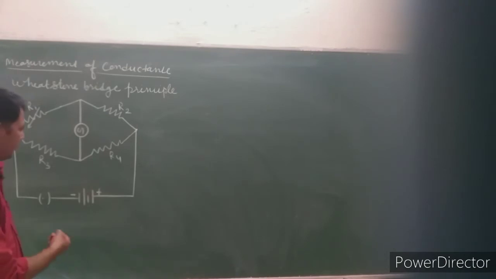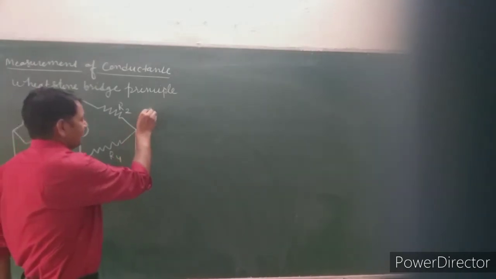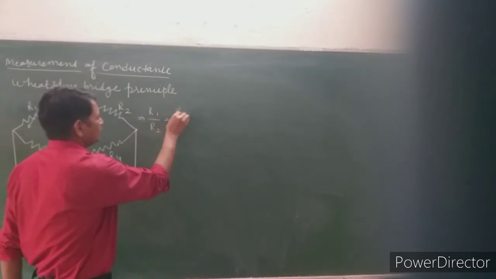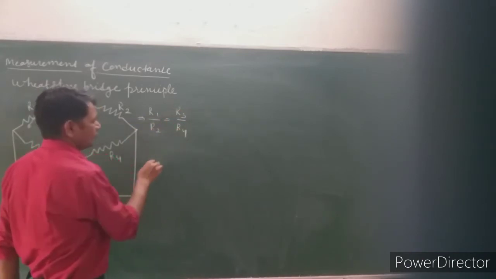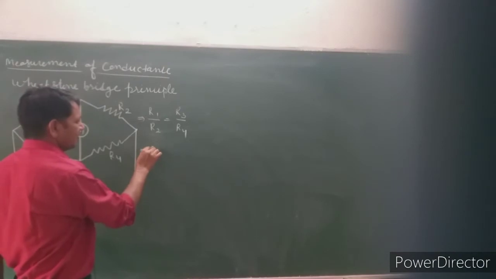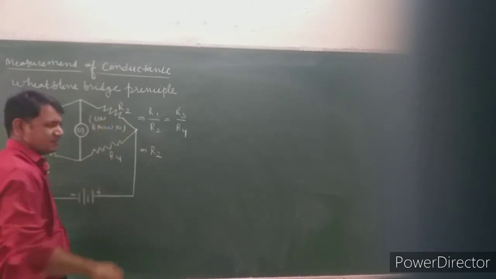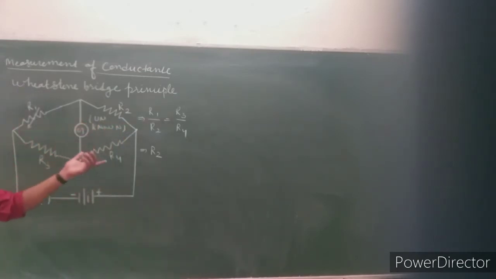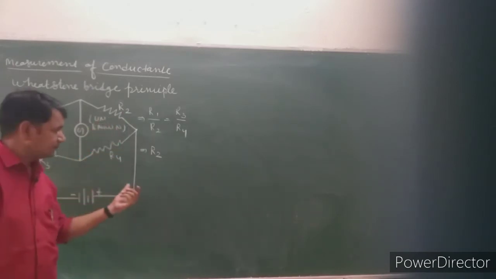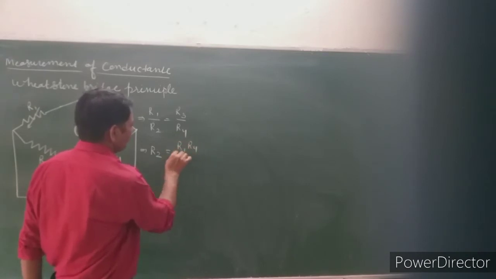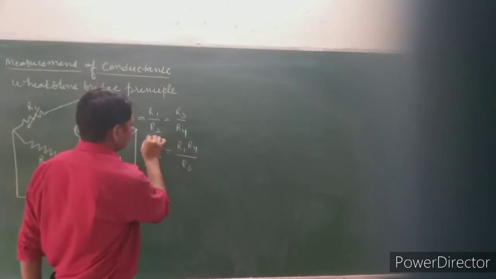So in the Wheatstone-Bridge principle, the ratio R1 to R2 is equal to R3 to R4. Our target is to determine R2. This is unknown, meaning the one whose conductance we want to measure. Here it is the electrolytic solution, so we can say this is the resistance of the electrolytic solution. So R2 is equal to R1 R4 upon R3.